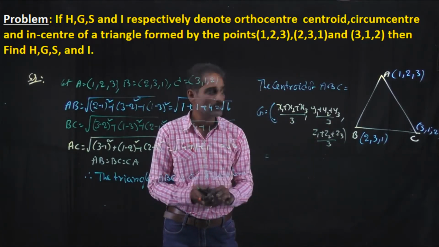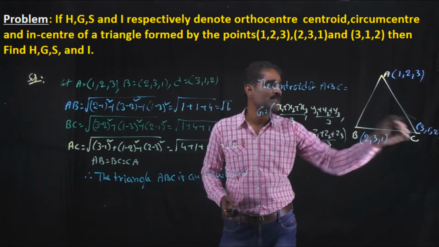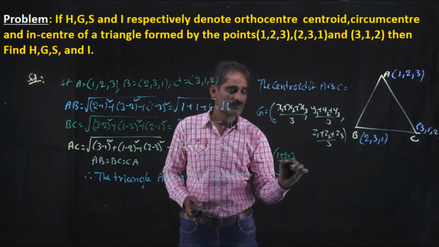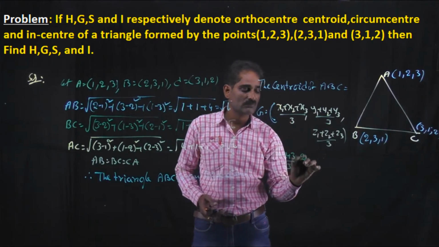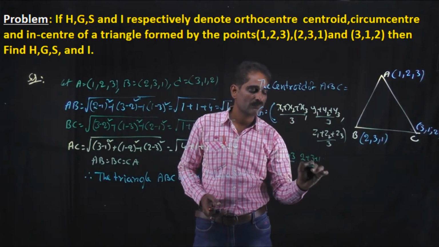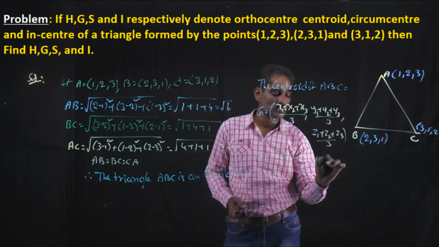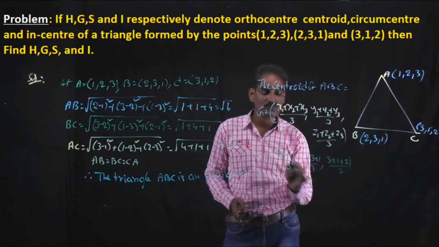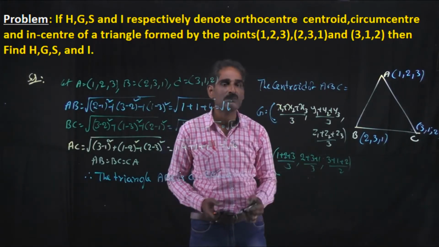This is equal to x1 plus x2 plus x3, 1 plus 2 plus 3, next 2 plus 3 plus 1, by 3, next last one 3 plus 1 plus 2. Just observe that the numerator sum is the same in all three places.